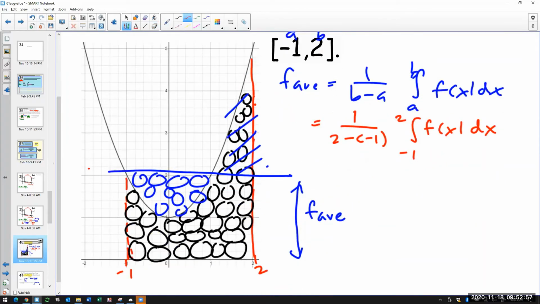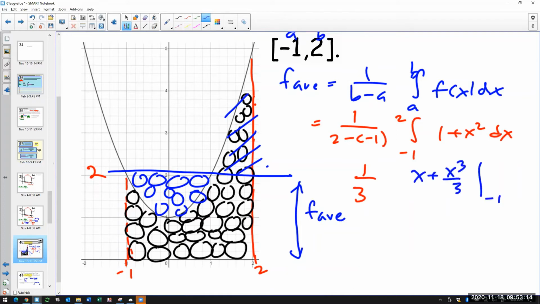Over here I got 1/3. My f of x is 1 plus x squared, so 1 plus x squared dx. If I integrate this, I'm going to get x plus x cubed over 3 from negative 1 to 2.